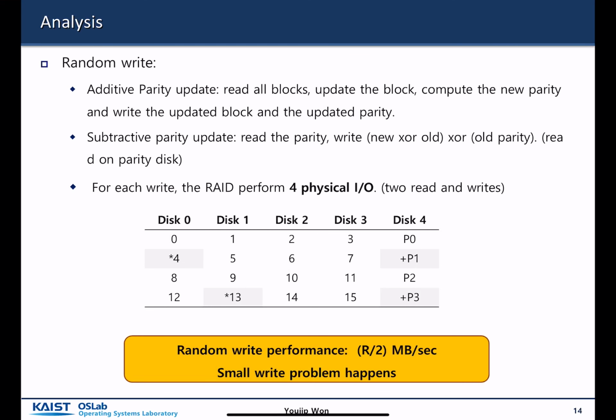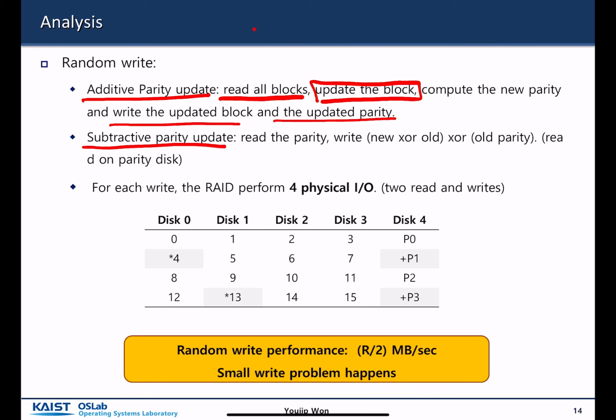For random write, there are 2 approaches for parity update. The first one is additive parity update, and the second one is subtractive parity update. In additive parity update, you need to read all data blocks, update the block, compute the new parity, and write the updated block and updated parity.